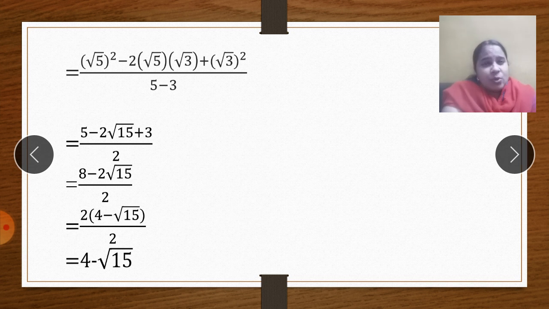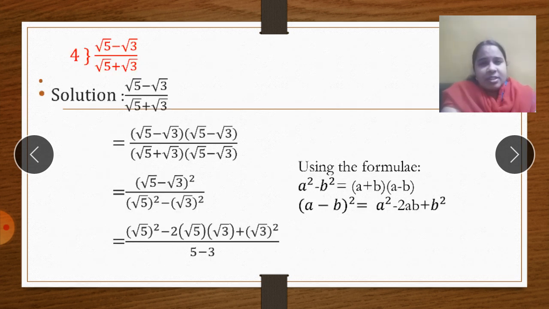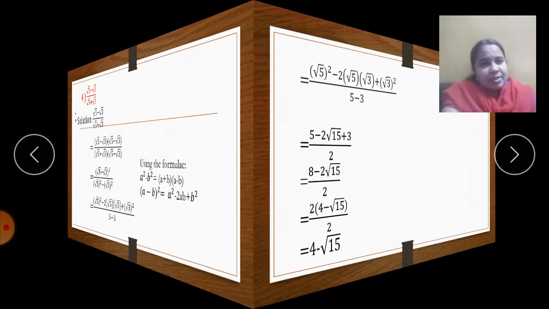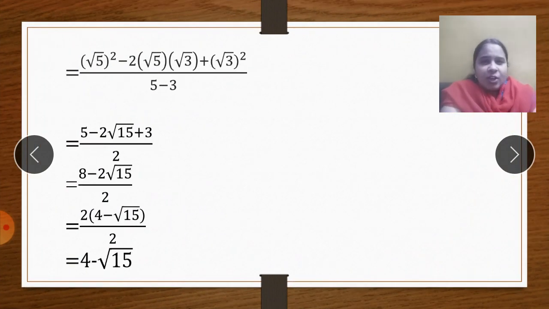I have told you so many places where mistakes can be made. The first place is that you should write this as root 5 minus root 3 the whole square and use the next identity formula. This is the first step to remember. Second, do not try to multiply this. Root 5 into root 3 is root 15.